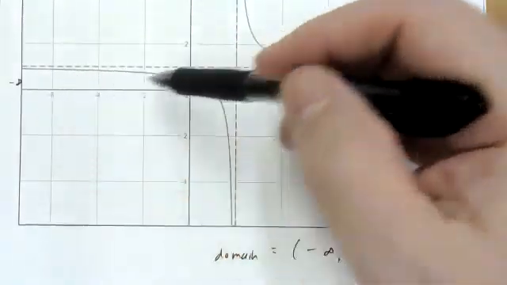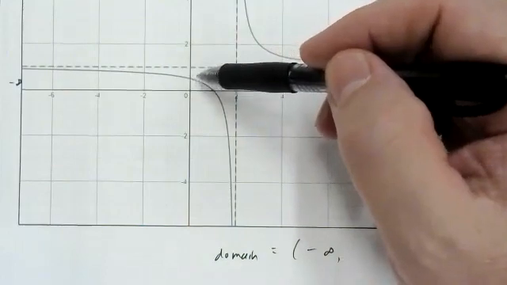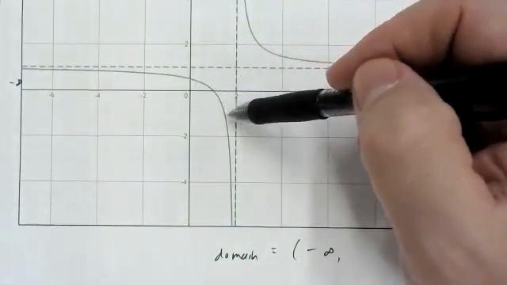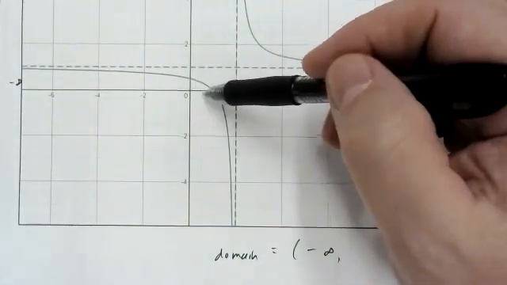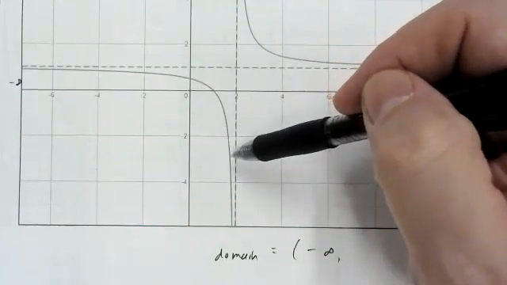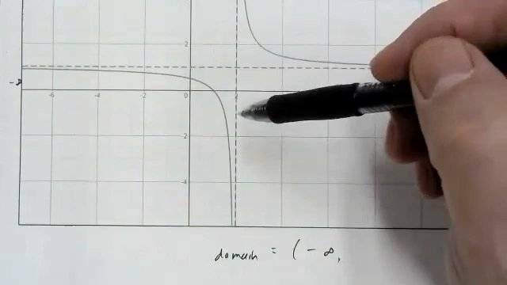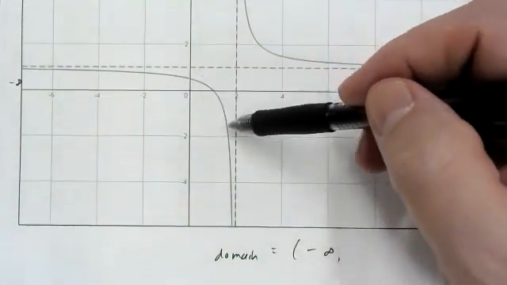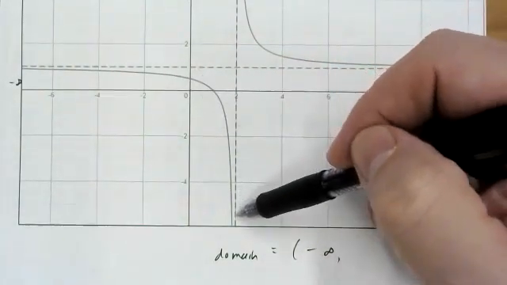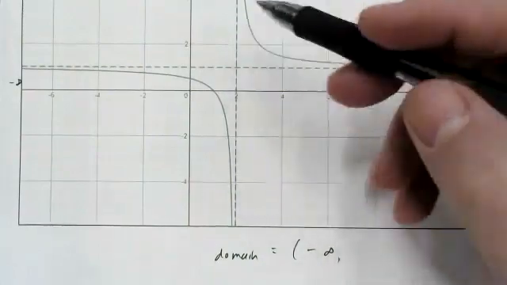Now, as I move to the right, I notice the function is here everywhere, but this thing turns down and ends up having a vertical asymptote where my graph turns down and begins to hug this dotted line.